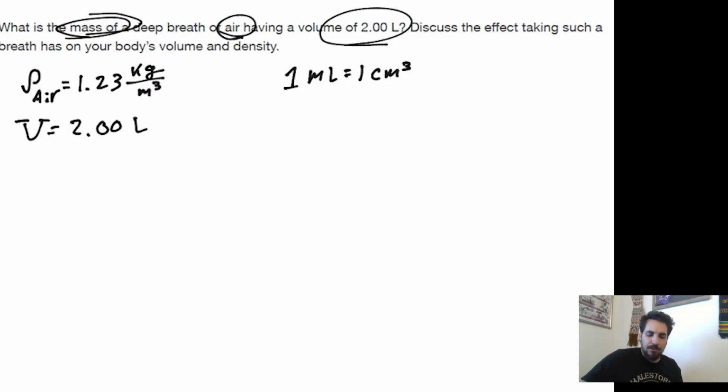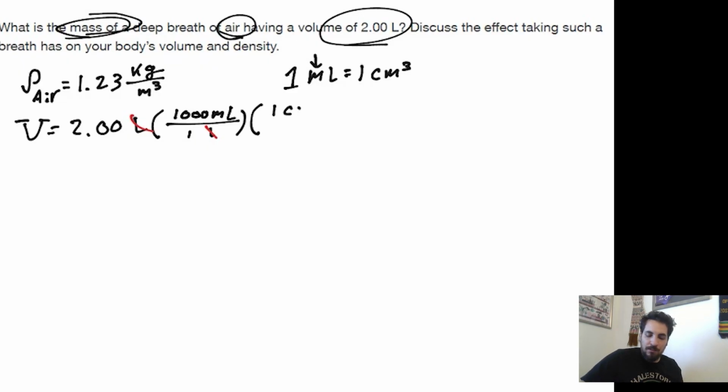Well, 2 liters, we can first convert that to milliliters because I know how milliliters convert. So when we convert it to milliliters, we say 1,000 milliliters. Remember, milli means a thousandth. 1,000 milliliters divided by 1 liter. And that crosses out our liter, so it gets us into units of milliliter.